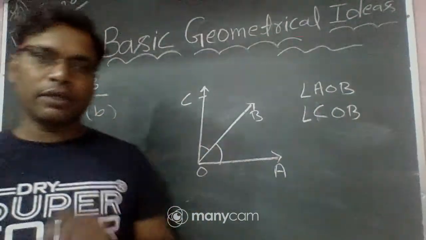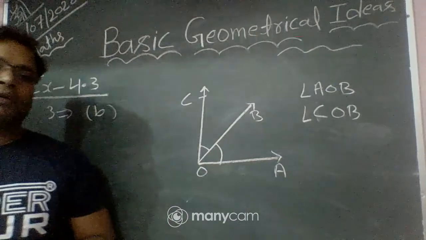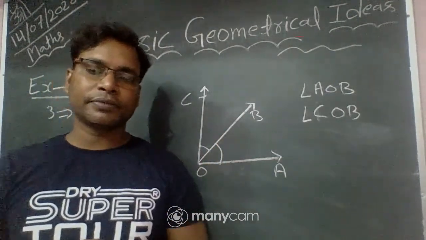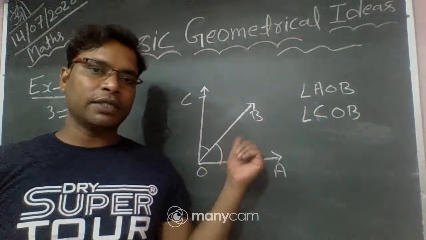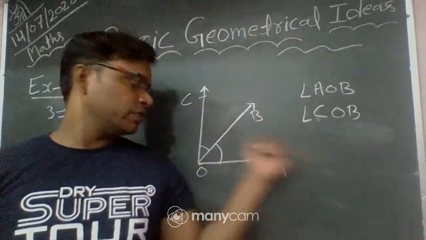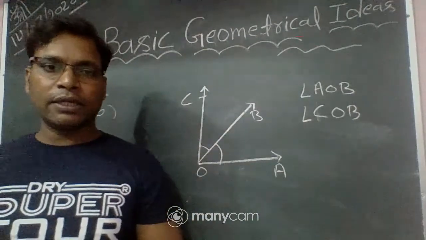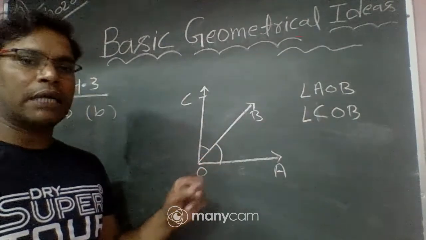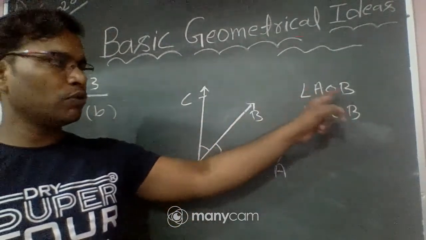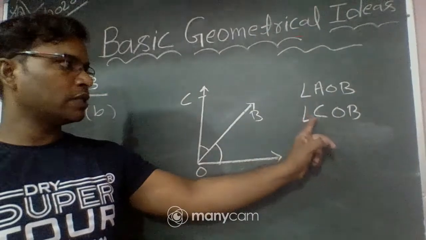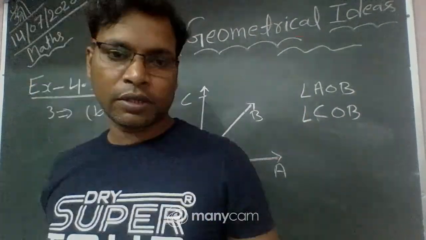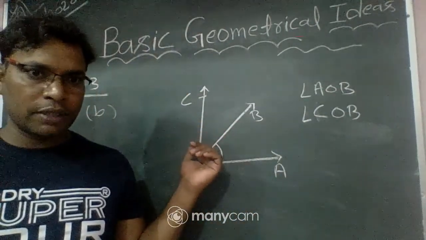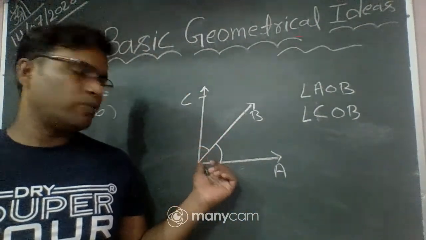We draw two angles, and we observe here 2 points are common. What are the common points? Point B and point O are common to both angles. You can see angle AOB has OB common with angle COB. So these are two angles which have 2 points common, point O and point B.